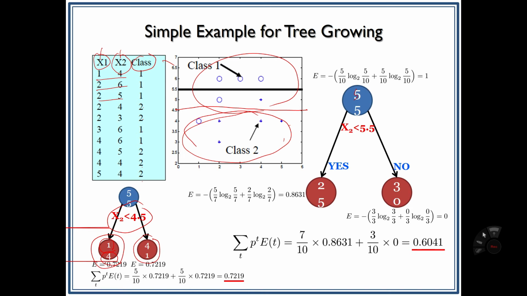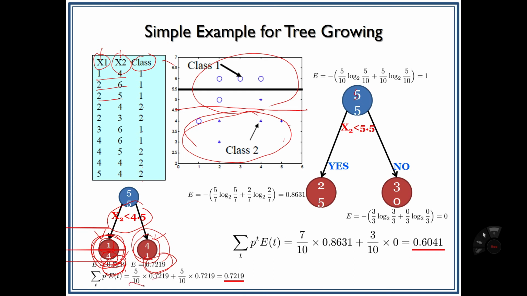If we compute the entropy for each child node, they are the same, because 1 class 1 object with 4 class 2 objects, and 4 class 1 objects with 1 class 2 object, give the same entropy, and the weights are the same because 5 objects go each way.